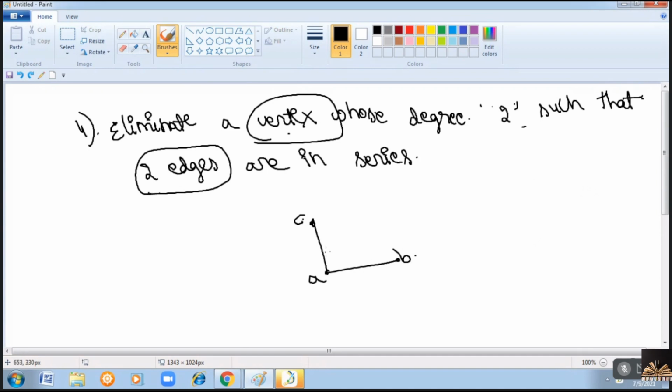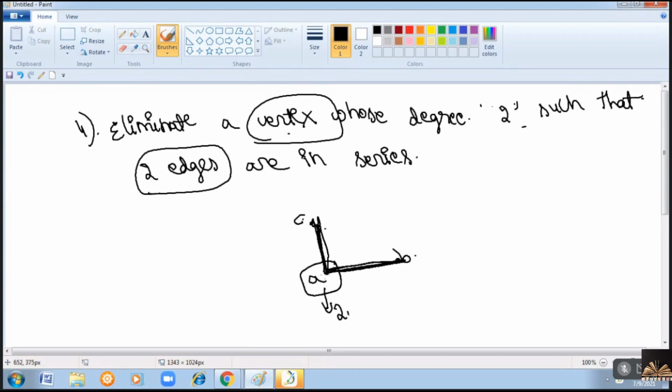So when you have a graph like this, now consider this vertex A. Here the vertex A is having a degree of 2. Now when you observe the 2 edges incident with this vertex, these 2 are in series. So you can call them as these 2 edges are in series.